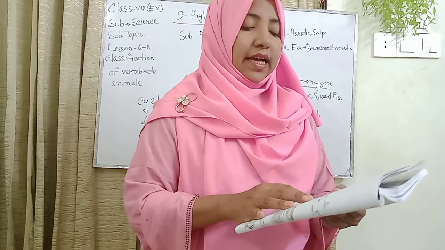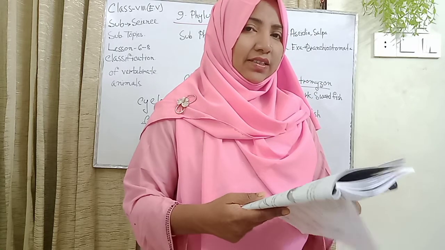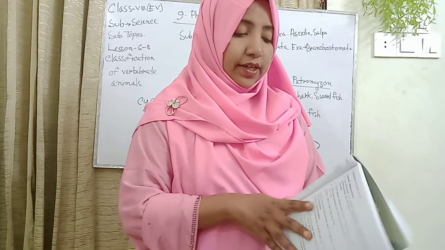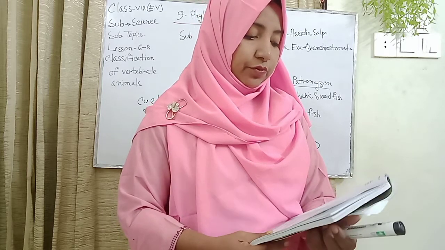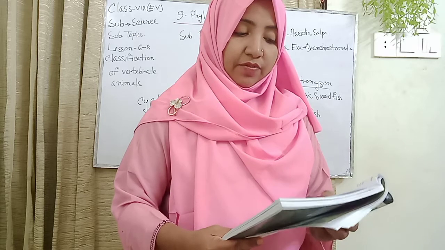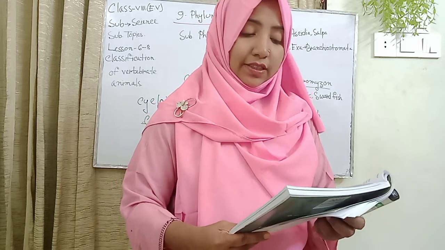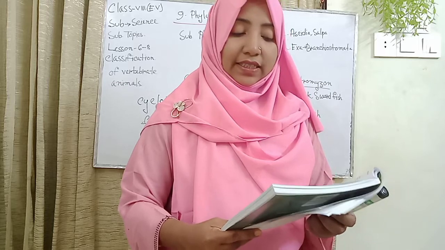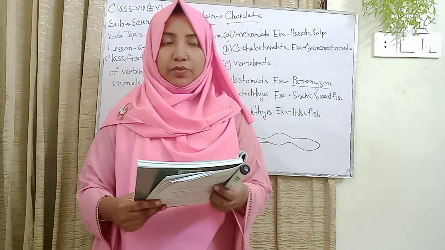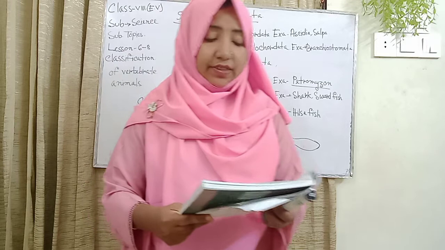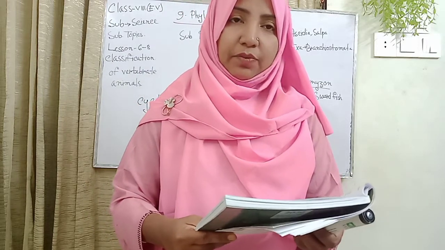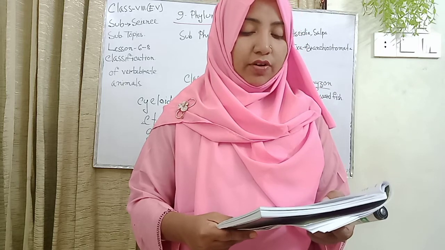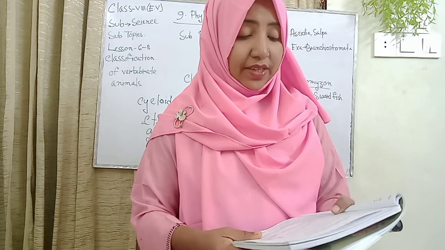My dear students, I just explained today the subphylum Chordata. I gave you three characteristics. First, the notochord is rod-like and segmented. Second, the dorsal tubular nerve cord is present. Third, pharyngeal pouches and gill slits are present throughout life or at some stage in the life cycle.